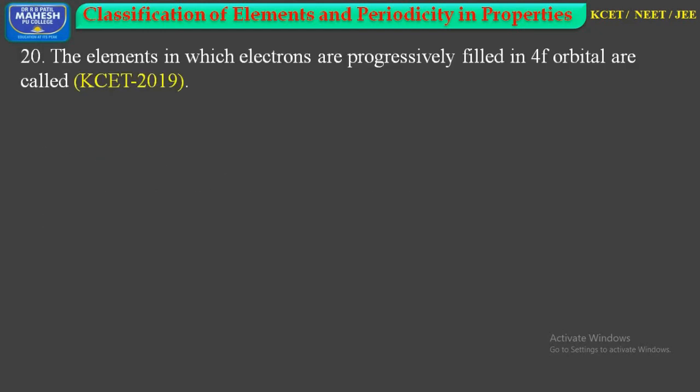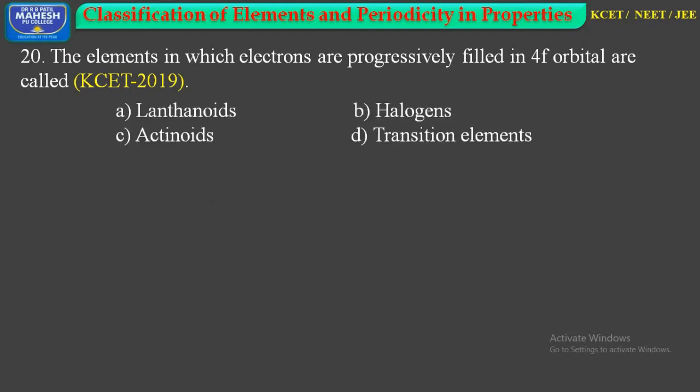Moving to the next question, 20. The elements in which electrons are progressively filled in the 4f orbital are called as option A lanthanoids, option B halogens, option C actinoids and option D transition elements.